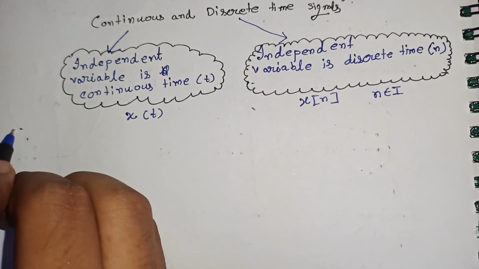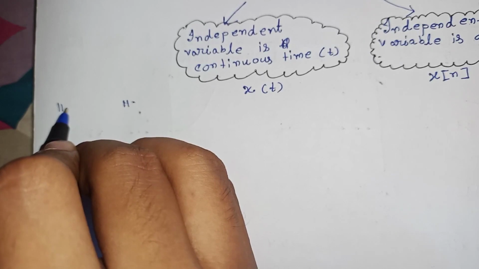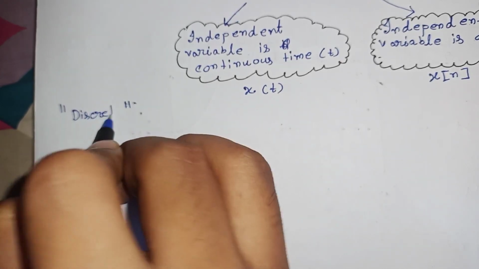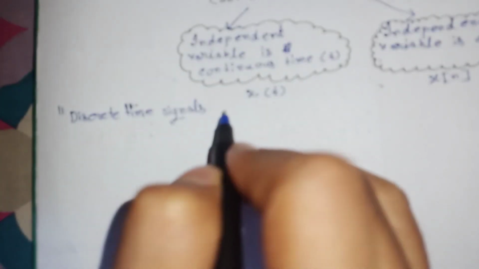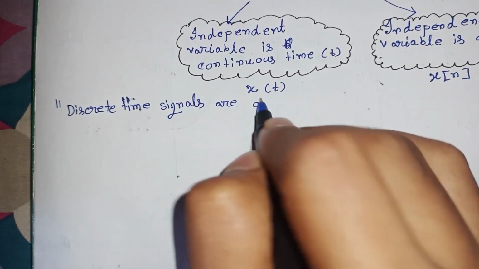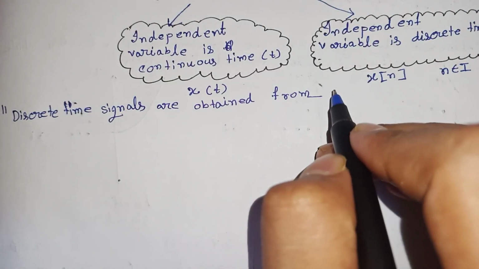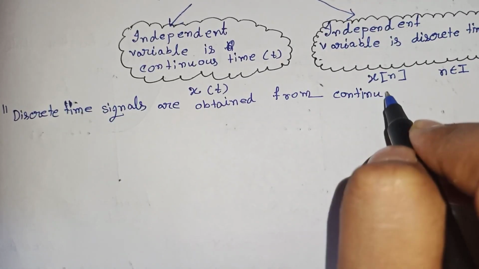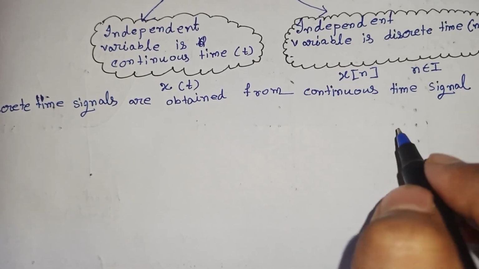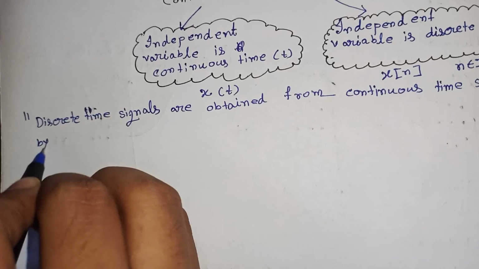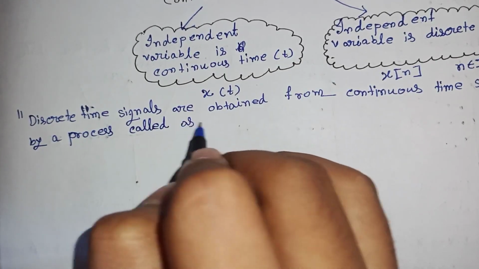Discrete time signals are obtained from continuous time signals by a process called as uniform sampling.